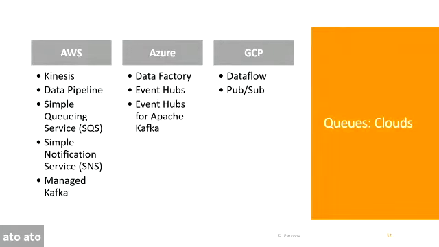Because it is a very large group, there are a lot of solutions which exist between the different cloud vendors. And I think especially you can see the list is large for AWS, because many of their systems for queuing and PubSub have been created before some of the open source solutions such as Kafka became popular.